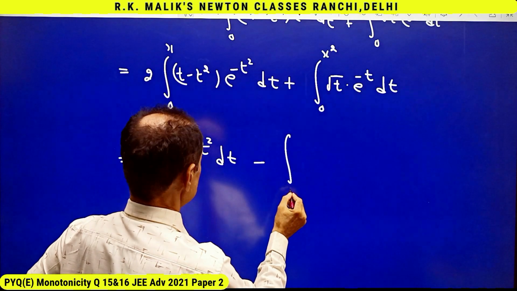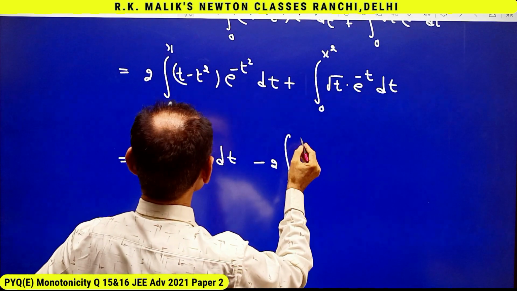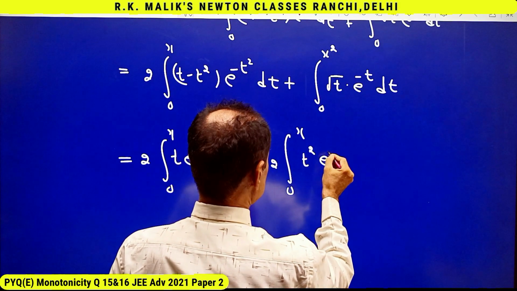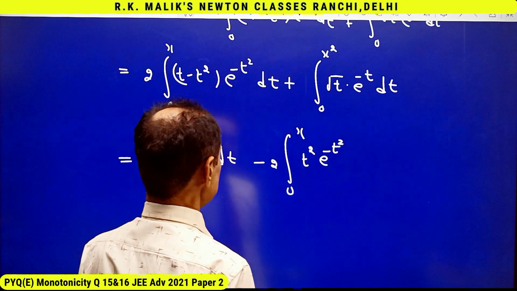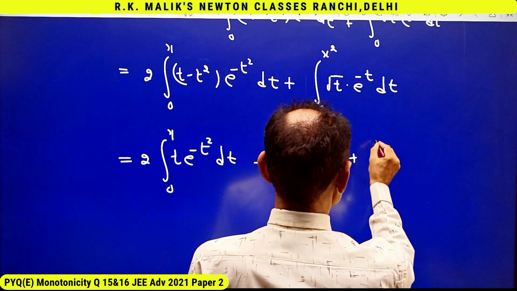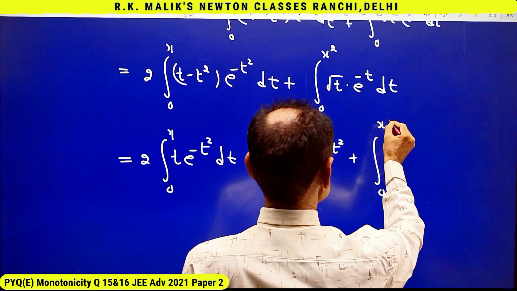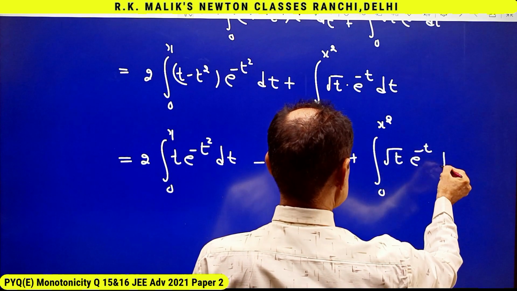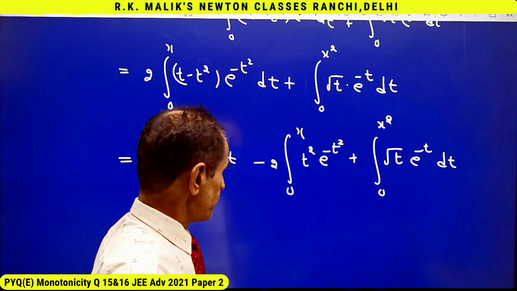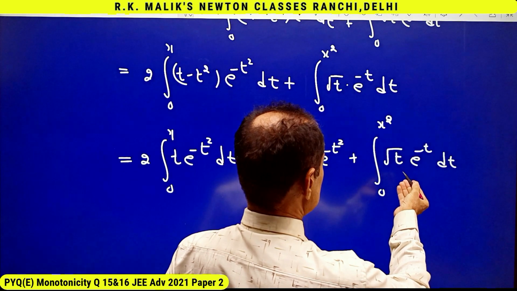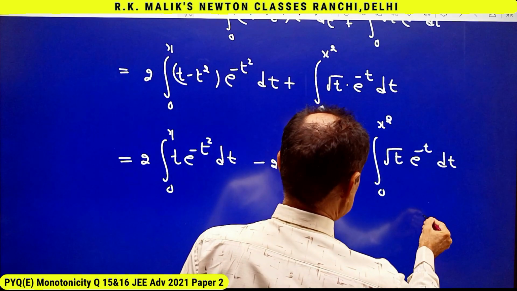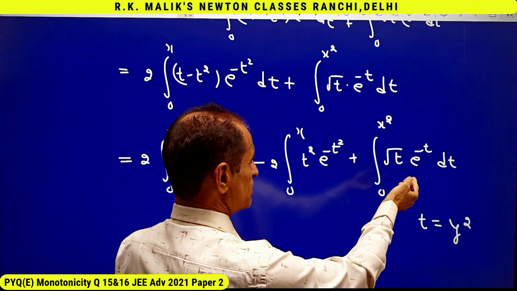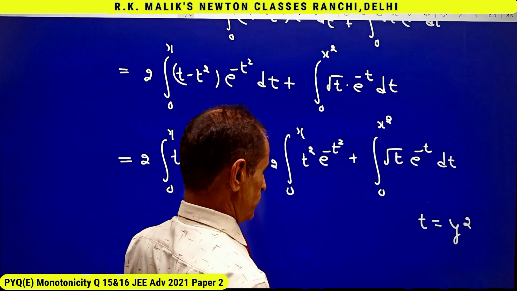Minus 2 times the integral from 0 to x of t² e^(-t²) dt plus the integral from 0 to x² of √t e^(-t) dt. It is also clear that if I take t equal to y², I'll be getting the value of this in this form.